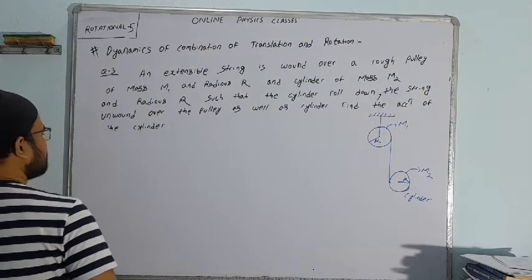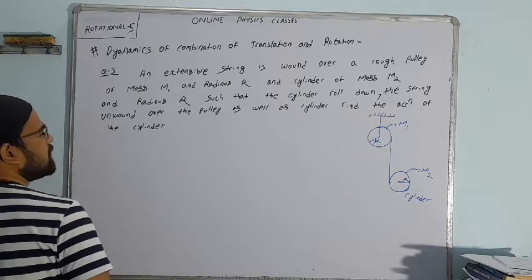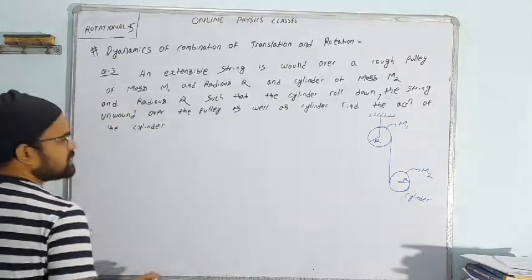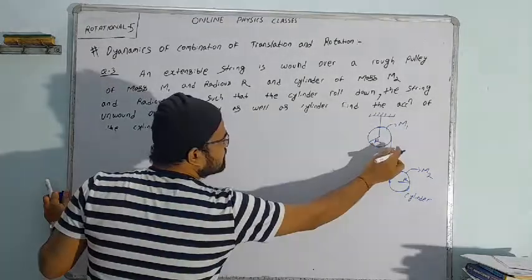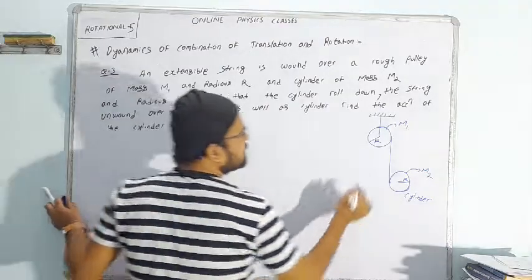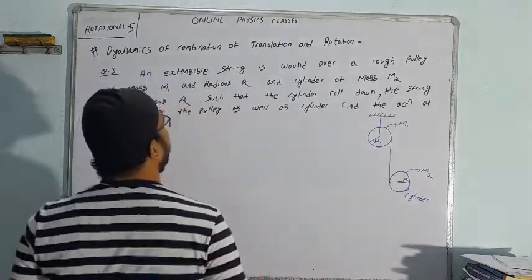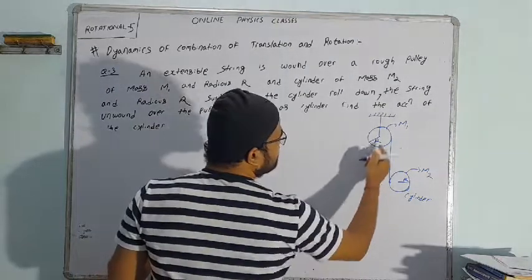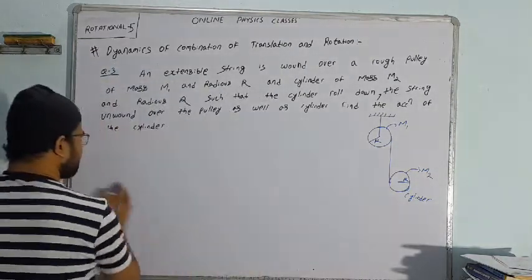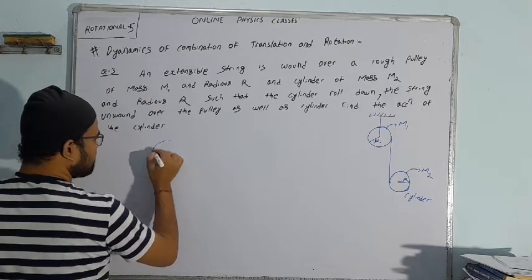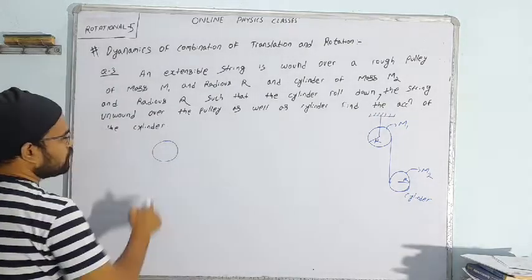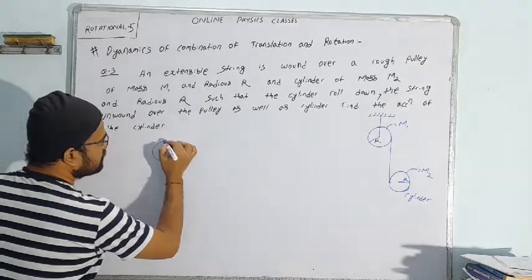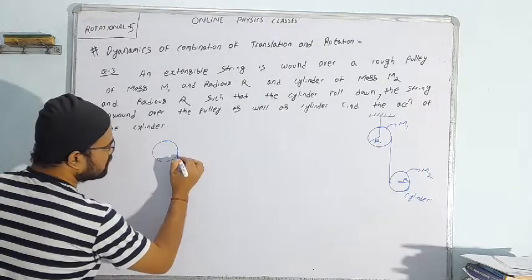Very simple question. If you solve this question, please visualize it very carefully. First, how can you visualize? One pulley, the string, now if you visualize this question, the pulley rotates, so the string will go downward.